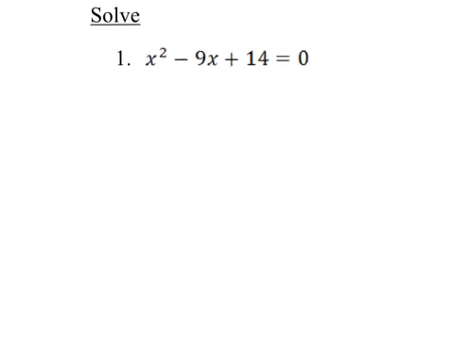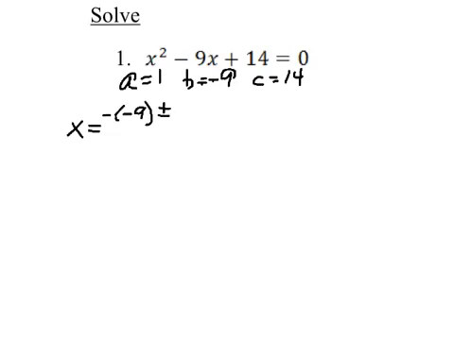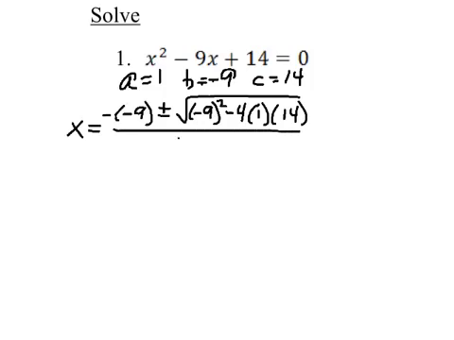In this case, my a value is 1, my b value is negative 9, my c value is 14. So if I did the quadratic formula with this one, it would be x equals negative b plus or minus the square root of b squared minus 4ac, all over 2a.